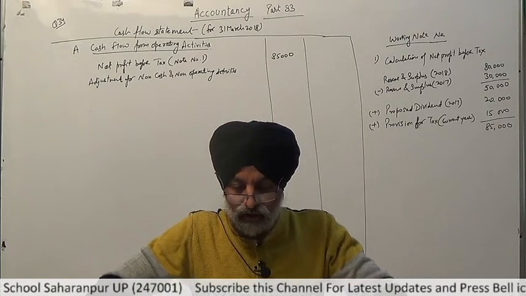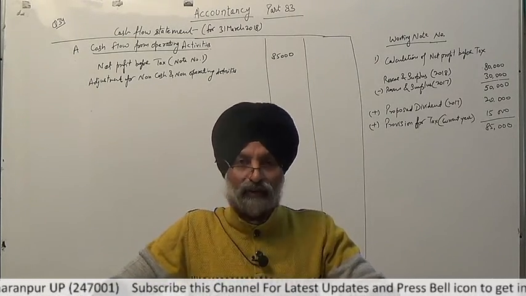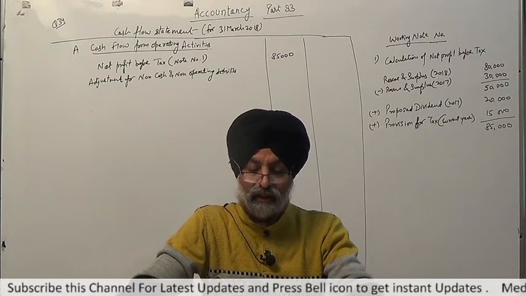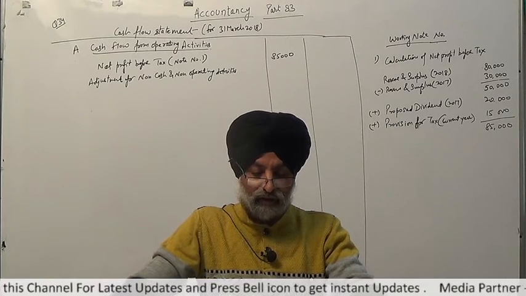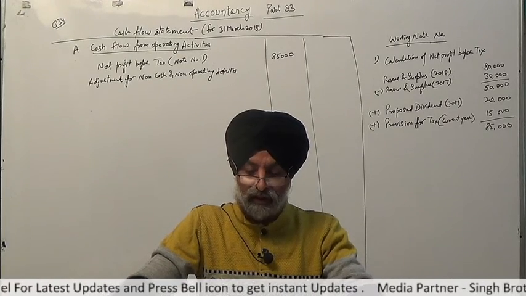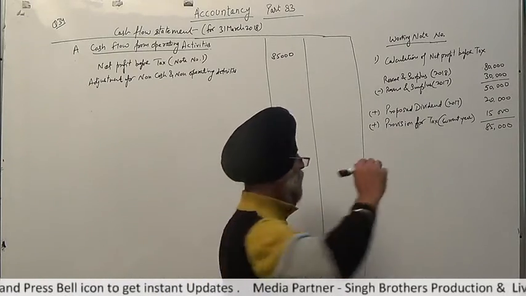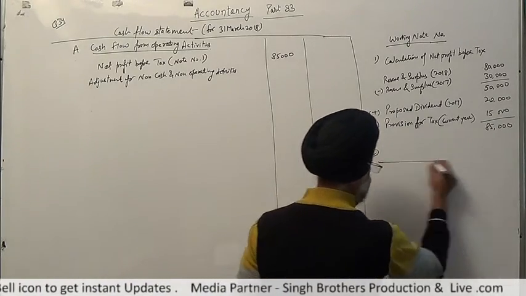Accumulated depreciation for 2017 is 50,000 and for 2018 is 60,000. So 10,000 is the depreciation on plant and machinery, and there is also a need to make an account for this. So you will make this account in this way.